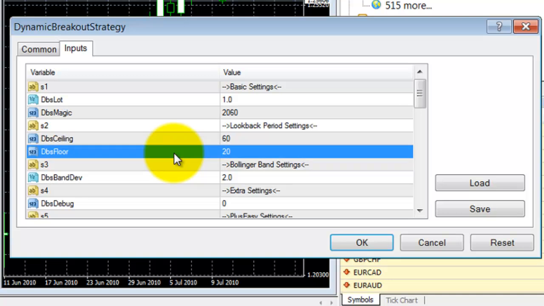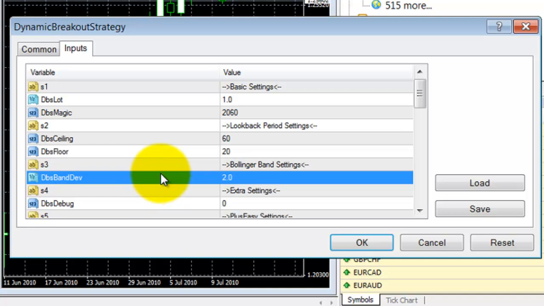The floor parameter determines the lowest value for N, which is 20. Note that N is not an input here, but it is calculated dynamically with an initial value of 20. The band deviation parameter determines the standard deviation of the Bollinger Band, which is 2.